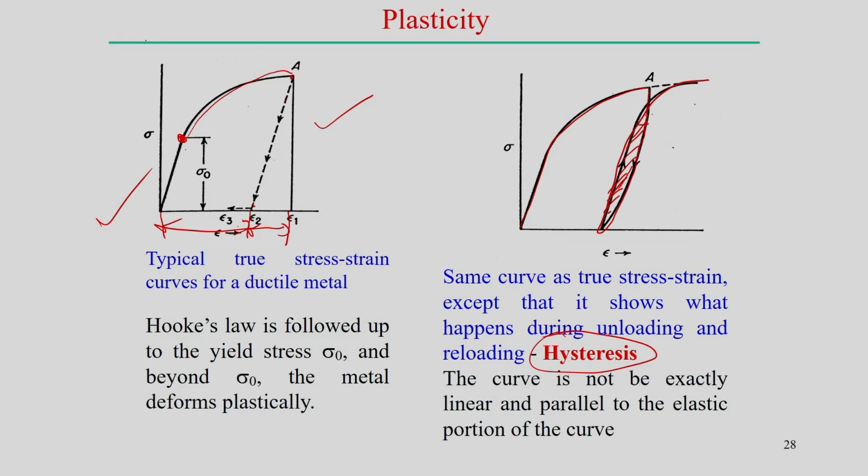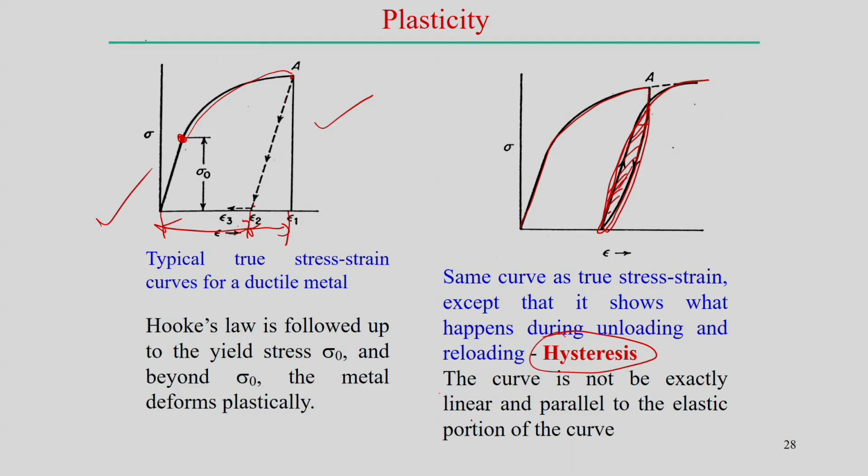If the area is larger, that means the material has good damping properties, the capability of absorbing the vibratory load during application. So, if this curve is not exactly linear and parallel to the elastic portion of the curve, then some sort of gap is there, and that gap represents some kind of material property.